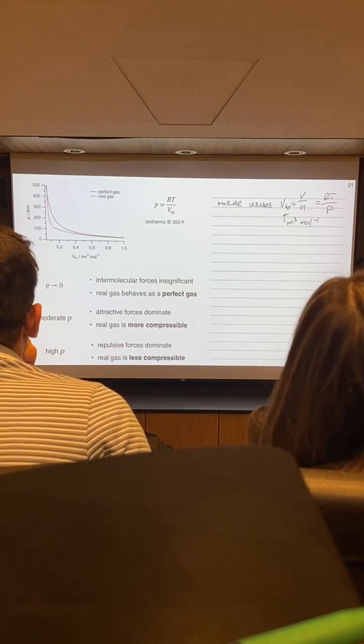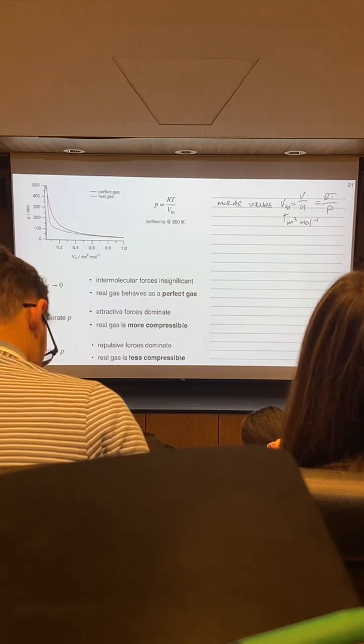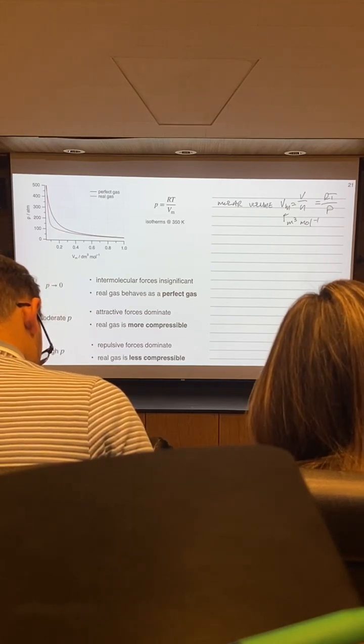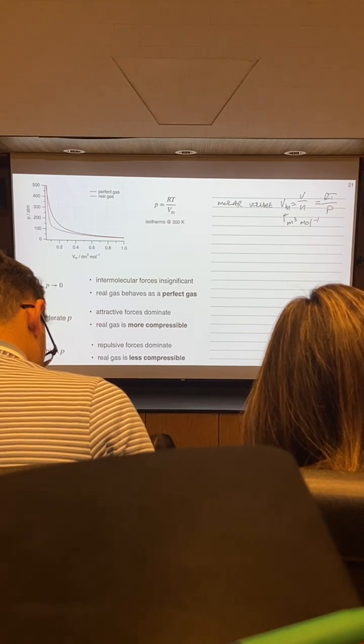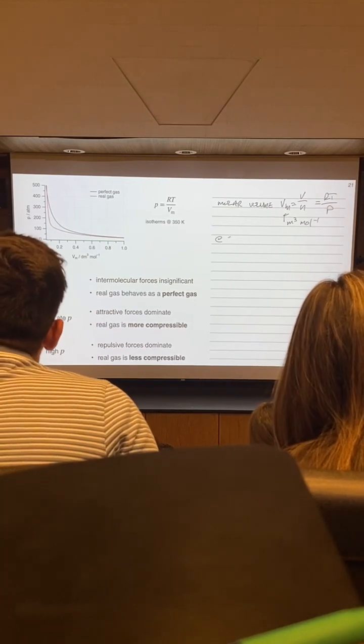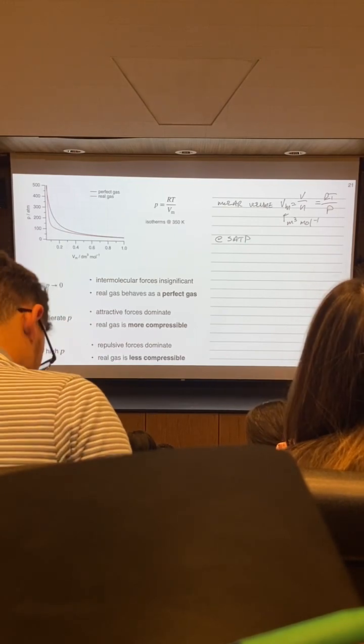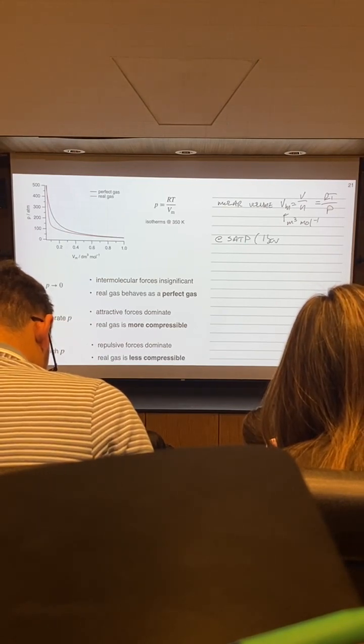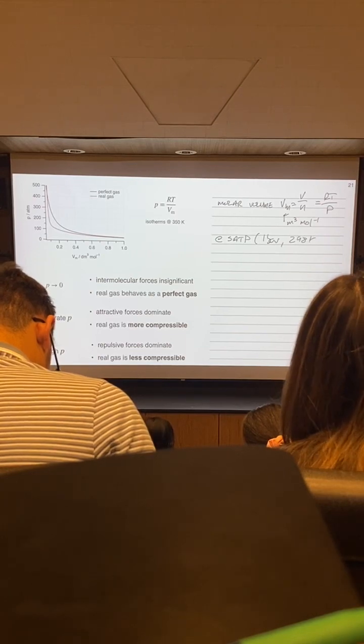So just to put this quantity in context, because this graph only goes up to a molar volume of 1 litre per mole, let's consider a gas again at standard ambient temperature and pressure. So that's 1 bar, 298 Kelvin.